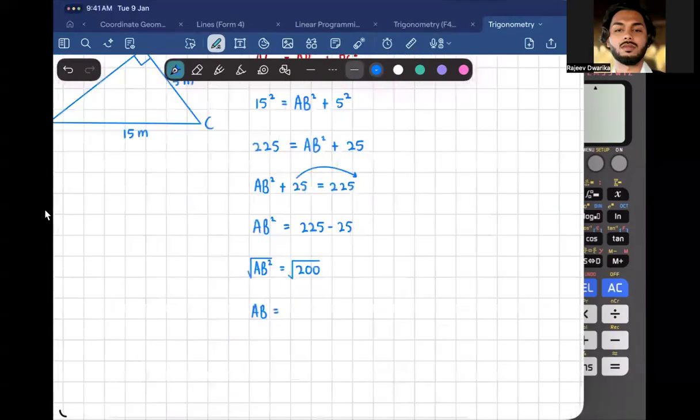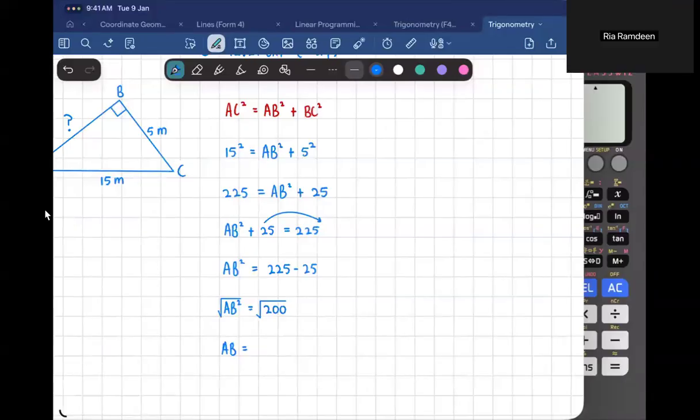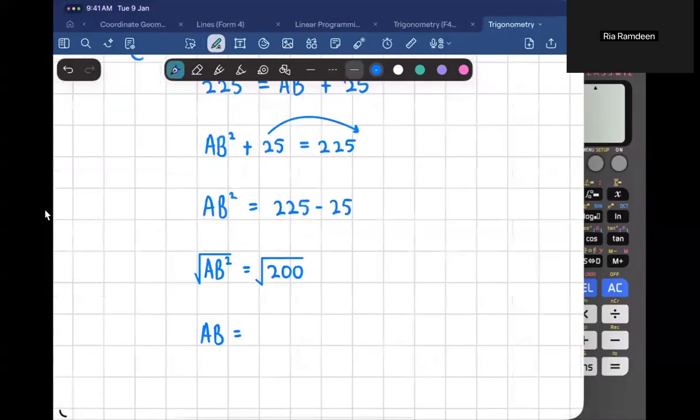And we square root 200 to two decimal places. 14.15.